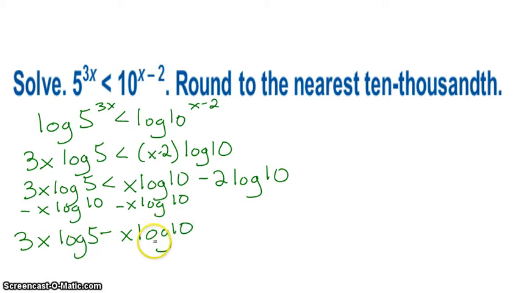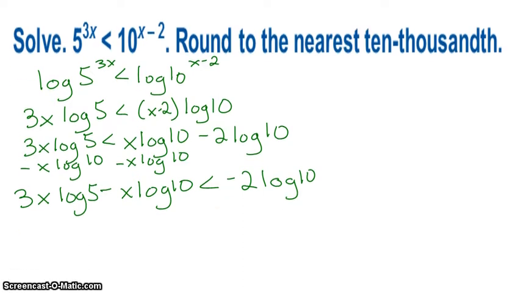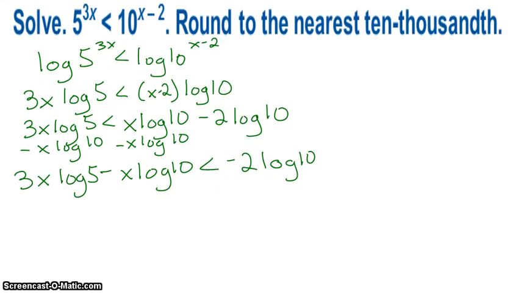These are not the same, so I just can't say 2x. I do have to make it look a little bit uglier than that. So now I'm looking and I see, well, these both have an x in common. So let's factor out an x.